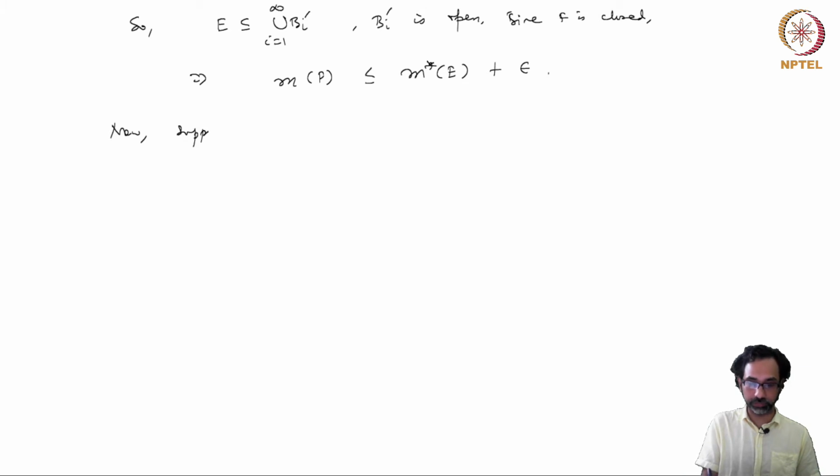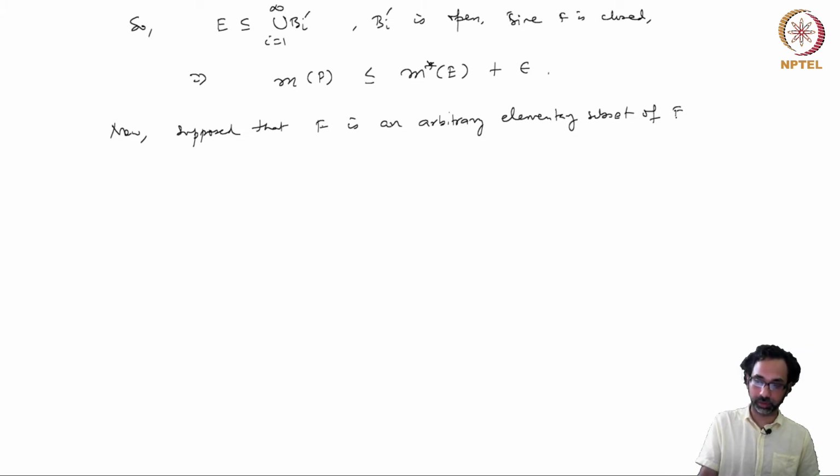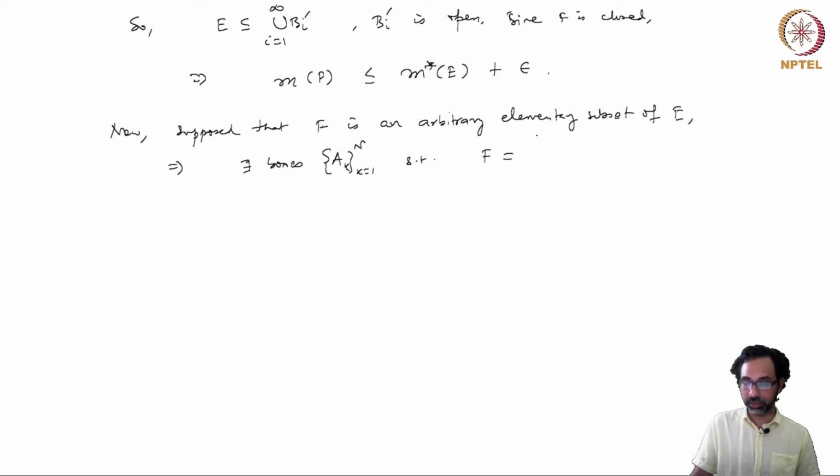Now suppose that F is an arbitrary elementary subset of E. So this implies that there exist boxes Ak, k equal to 1 to capital N, such that F is equal to the union of these Ak, k equal to 1 to N. We can also assume that these boxes are disjoint.